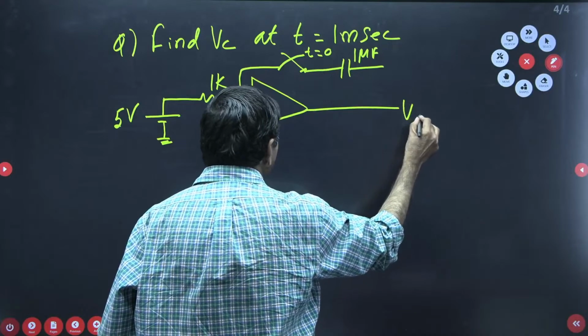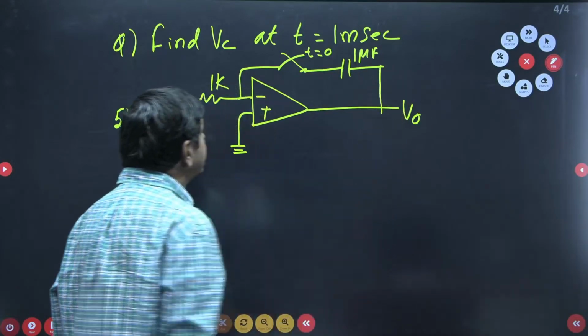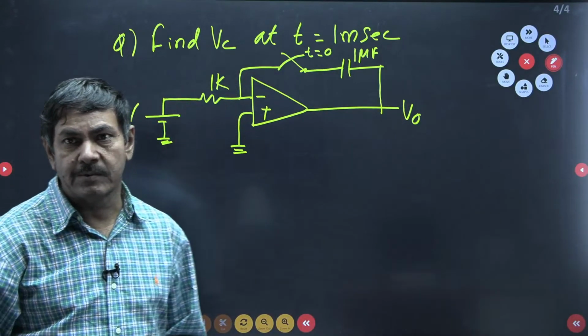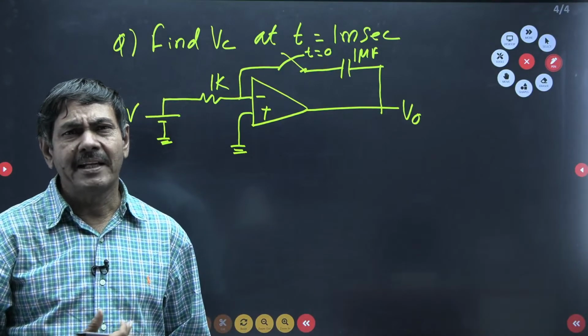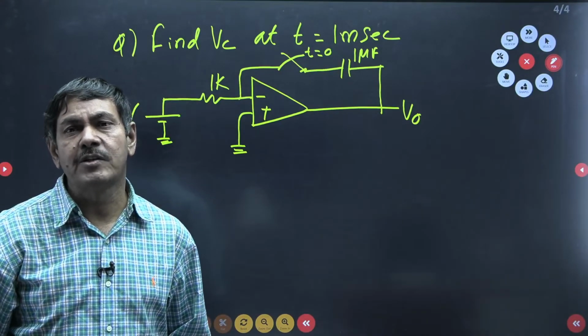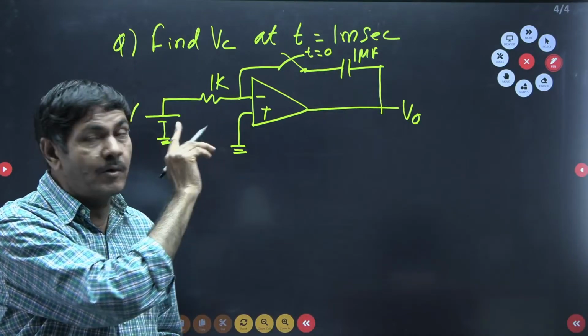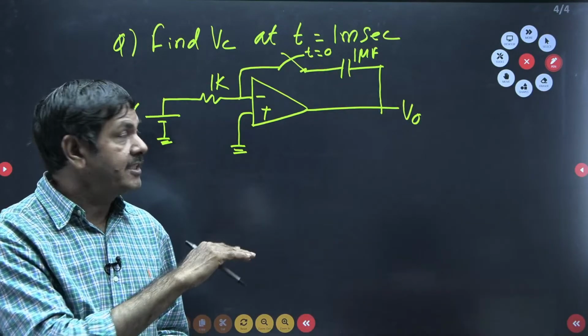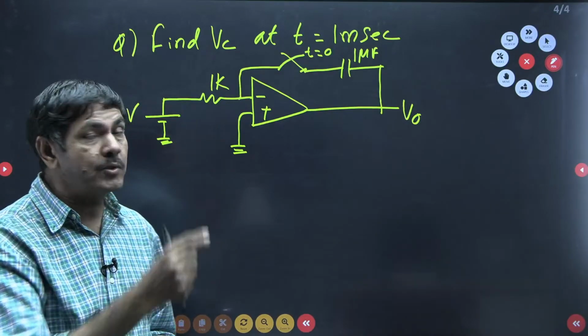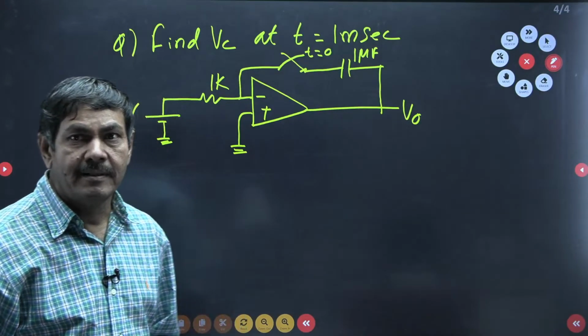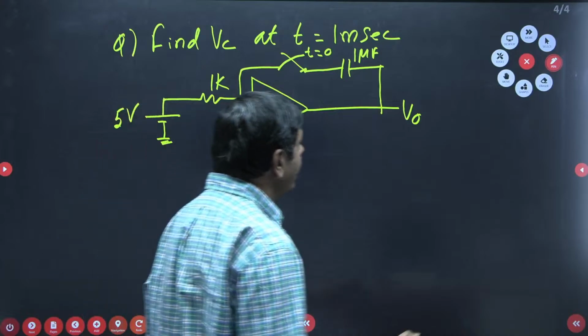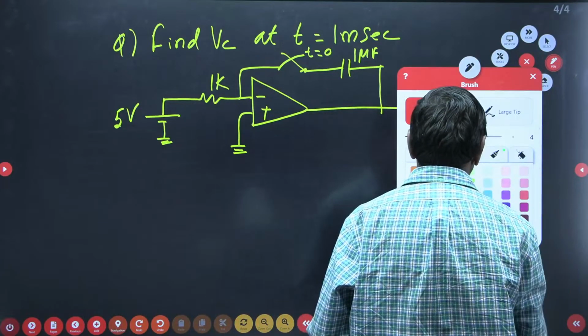It is not asking to find the V0 value. It is asking to find the capacitor voltage only. Here don't do any extra work. We already know very well the voltage across the capacitor for this type of model. Take that formula directly, substitute the values, and you will get the answer. What formula was given already?